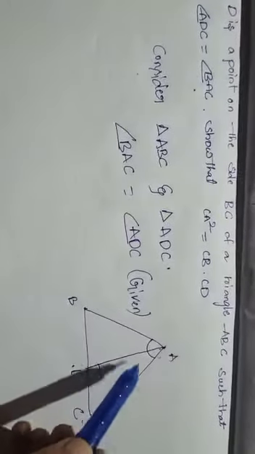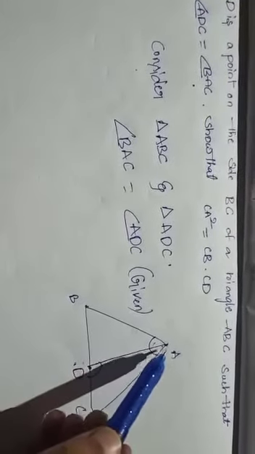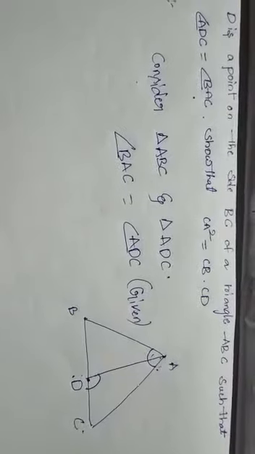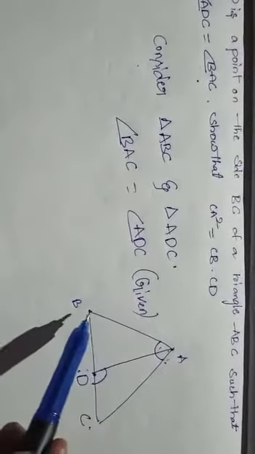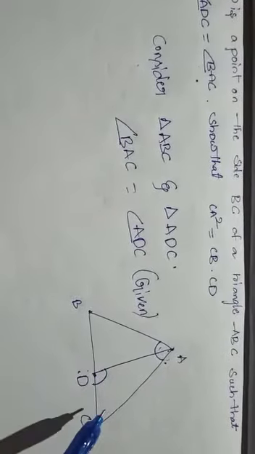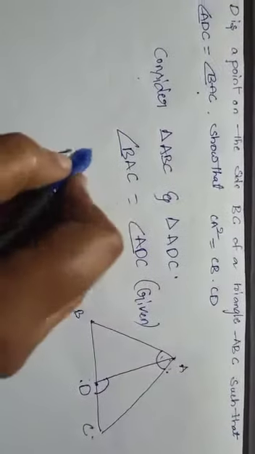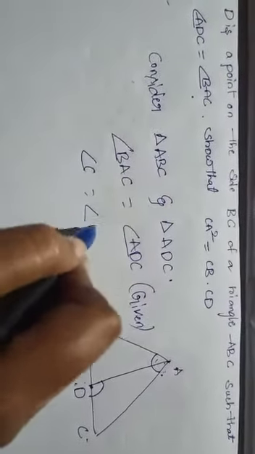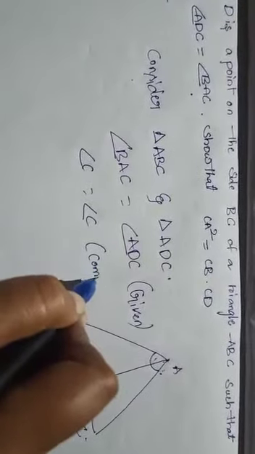Okay, here angle A equals angle ADC. Next, see these two figures ABC and ADC. Here C is the common angle. Angle C equals angle C. This is the common angle.